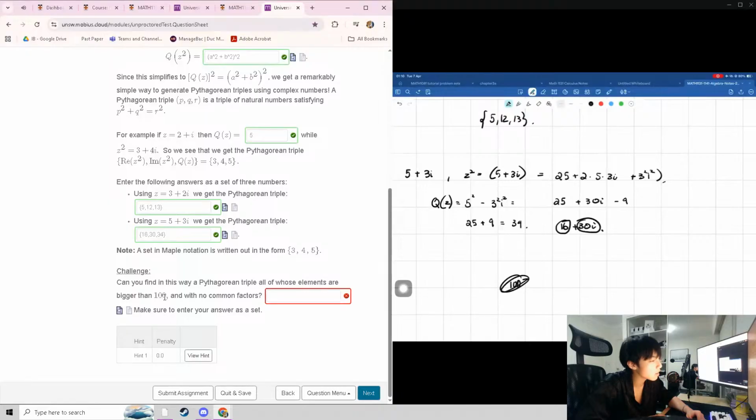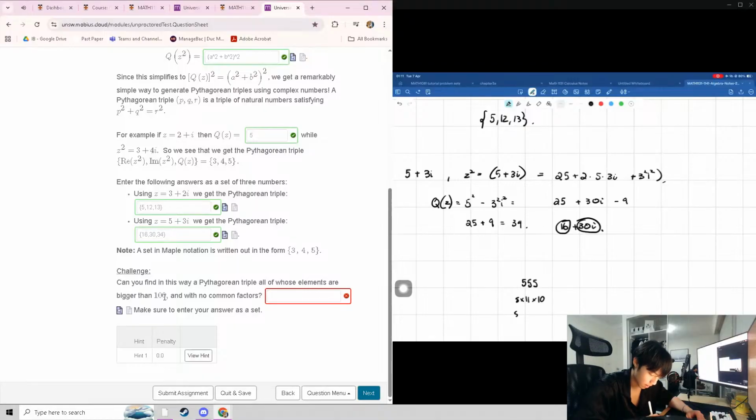Let's use prime factorizations. 555 is 5 times 11 times 10.